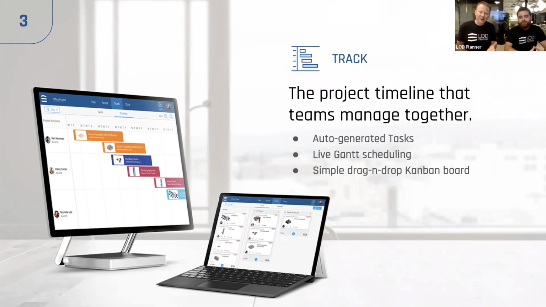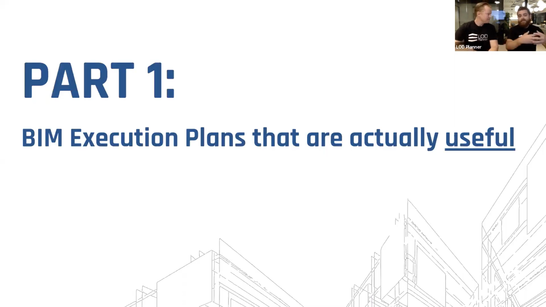We joke about it, but it manages itself, because everybody manages their own tasks and simply drags and drops on a board to update progress. It's a good opportunity for teams used to scheduling by themselves, in isolation, to continue doing that, but all in one place, where we can merge it together with a couple of filters.